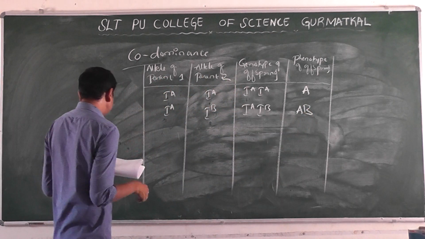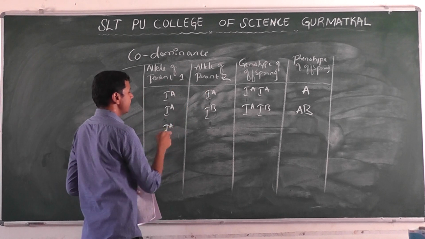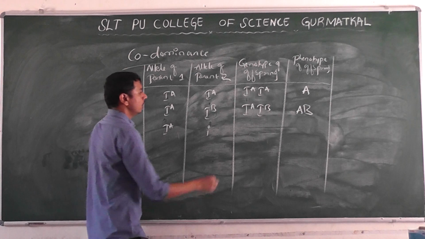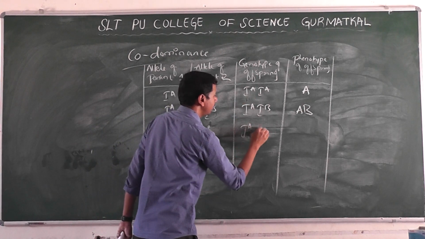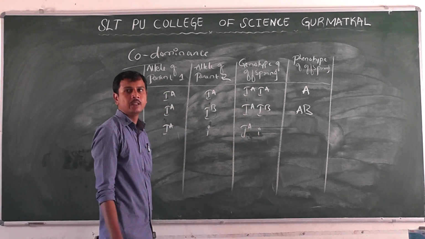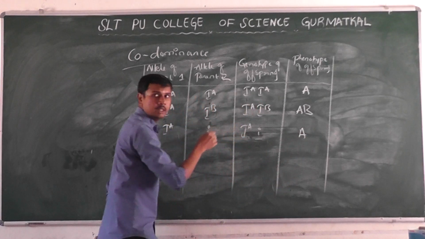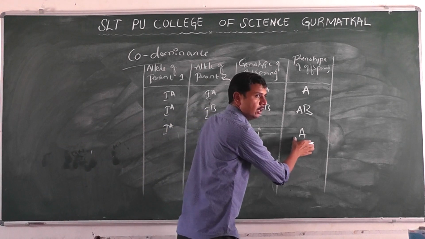Then if parent 1 has IA and parent 2 has small i, the genotype is IA i. The blood group will be A, because the small i does not produce any type of sugar. So that's why we get the A blood group.